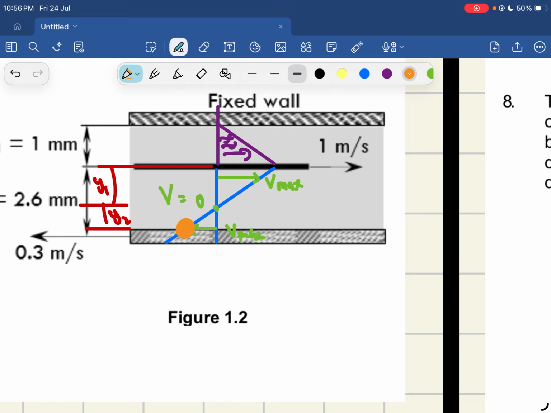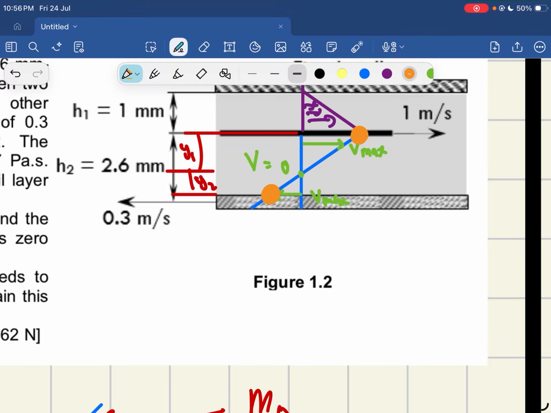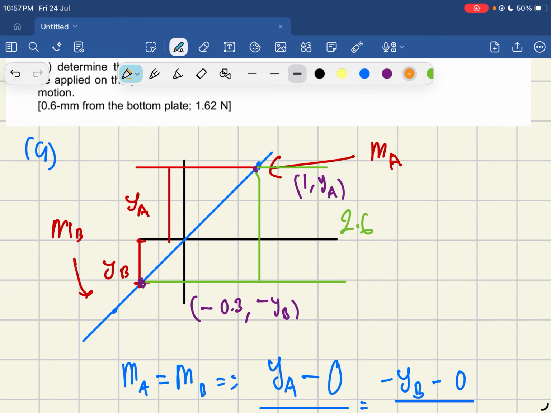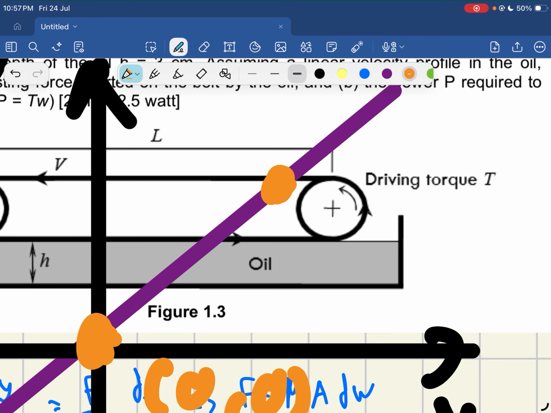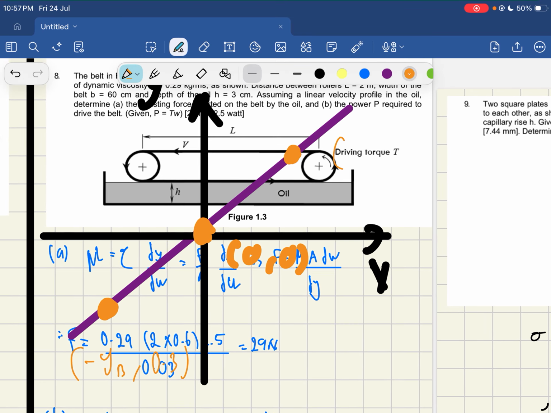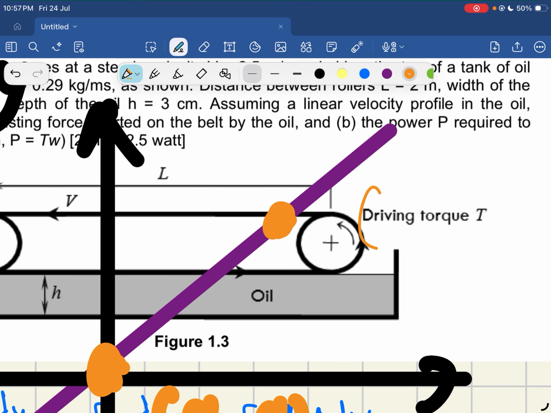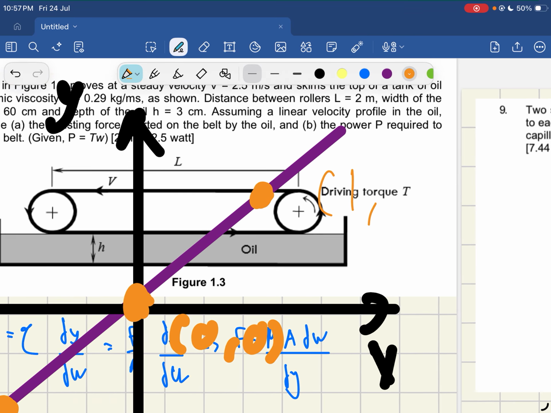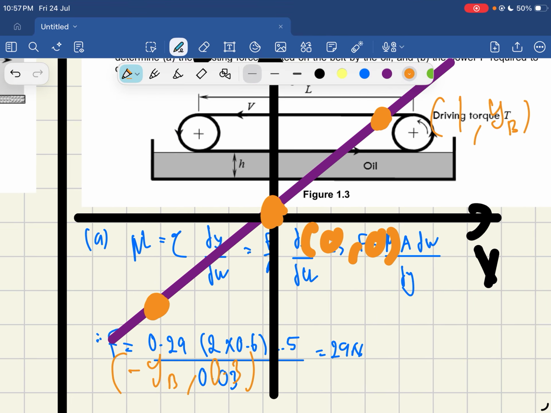In this question, it will be located at this point. The distance from the origin to the third point will be ya, and this makes the coordinate: the velocity will be 1 on the x-axis, and on the y-axis, ya.